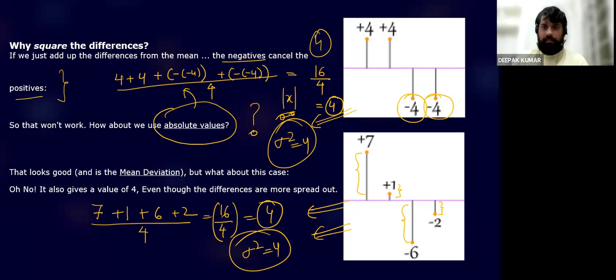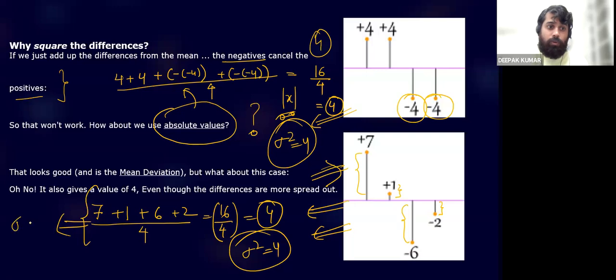But here in the next scenario, if you check it here, see the difference. 7 unit above the mean, 1 unit above the mean, 6 unit below the mean, 2 unit below the mean. But the answer is showing that sigma square for situation 1 is same as sigma square for situation 2.